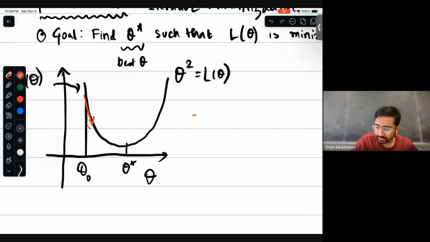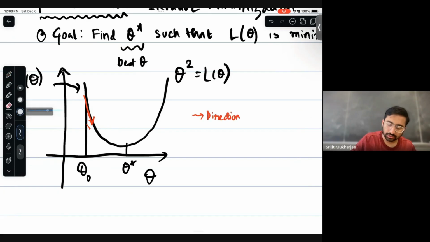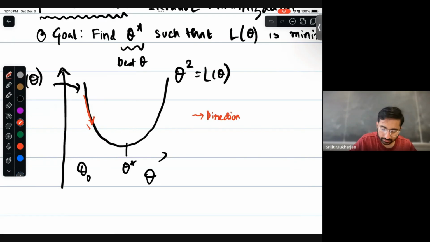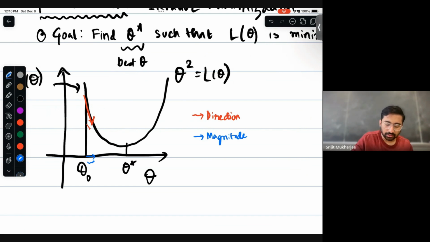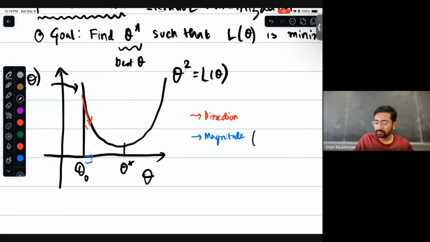So there is direction, and there is also magnitude. This magnitude is called the step size. Of course, the derivative has its own magnitude, but it's mostly for the direction. It's called step size, how much you will go, or learning rate.